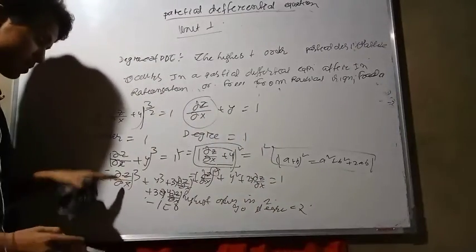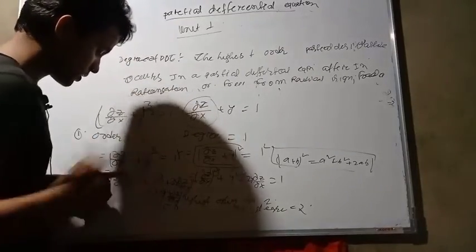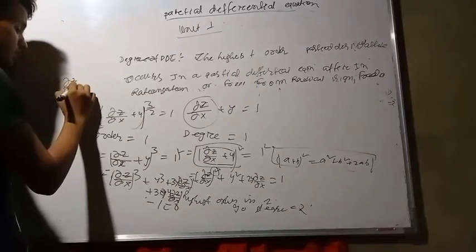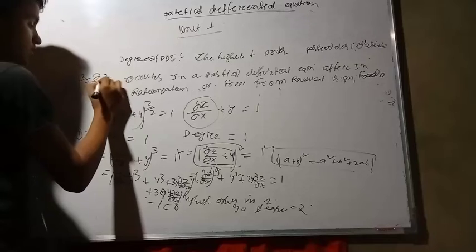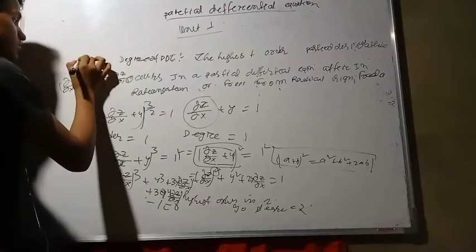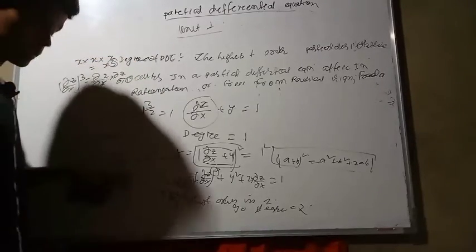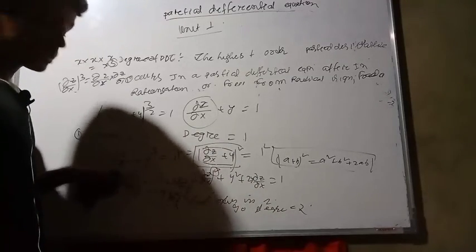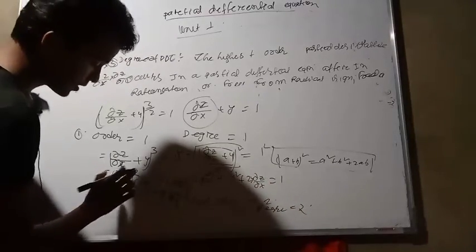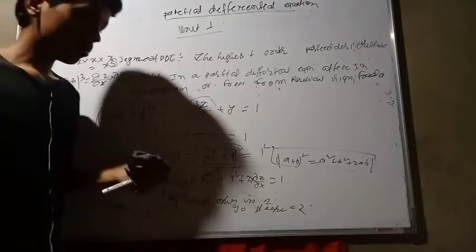The derivative dz/dx cubed means dz/dx multiplied three times, as in an algebraic equation. So the highest power in this equation is 3, and the degree is equal to 3.